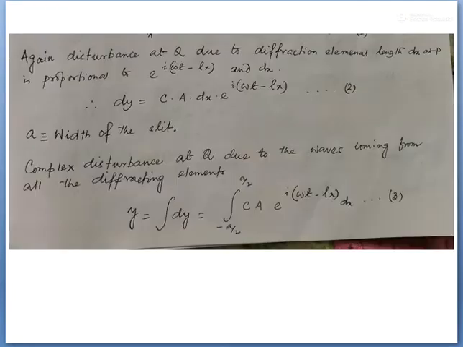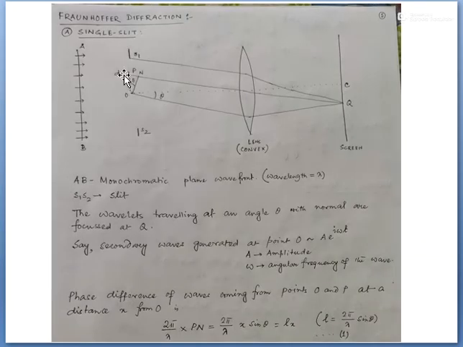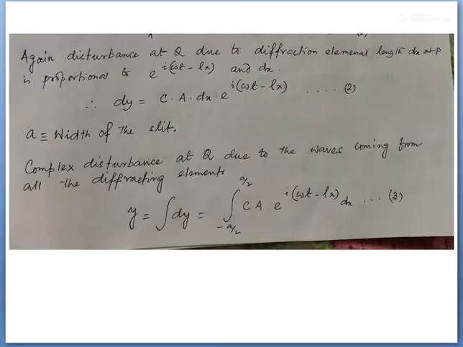Now, according to Fresnel-Kirchhoff's theory, if a light ray is propagating, then at Q the diffraction due to elemental length dx will be proportional to e to the power i omega t minus Lx, where Lx is the phase difference due to the excess amount of path covered by the ray, that is Pn.